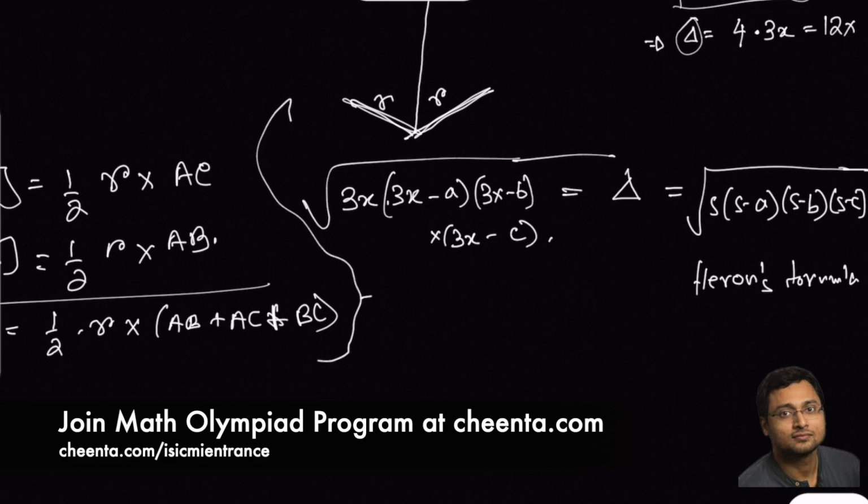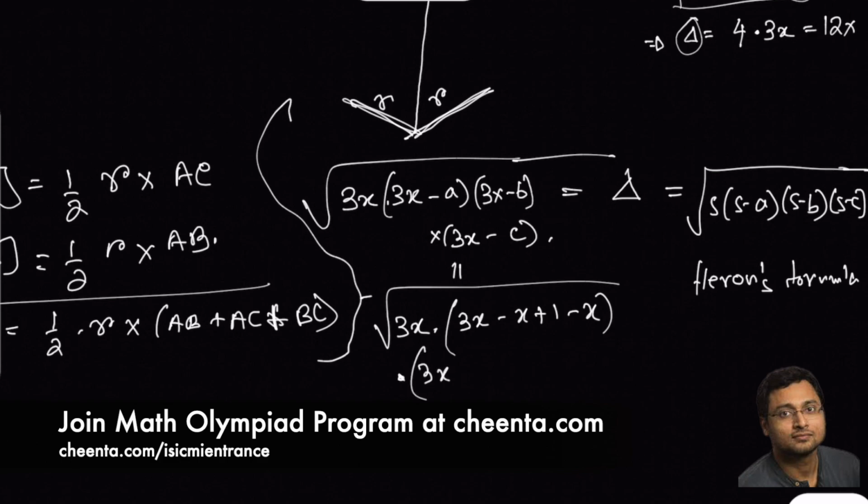So this is equal to the square root of 3x times 3x minus x plus 1 minus x, then 3x times 3x minus x minus x minus 1, and then 3x minus x plus 1 minus x minus 1.